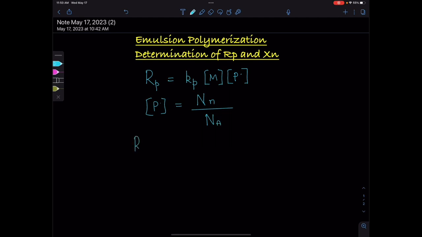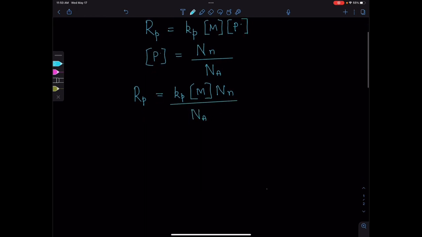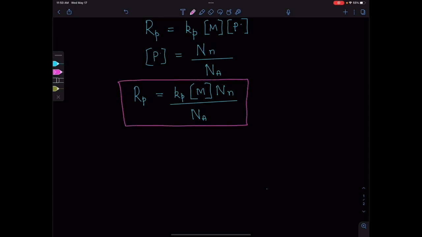Combining these two, we can say Rp equals Kp times M times Nn over Na. This is the formula for rate of polymerization.